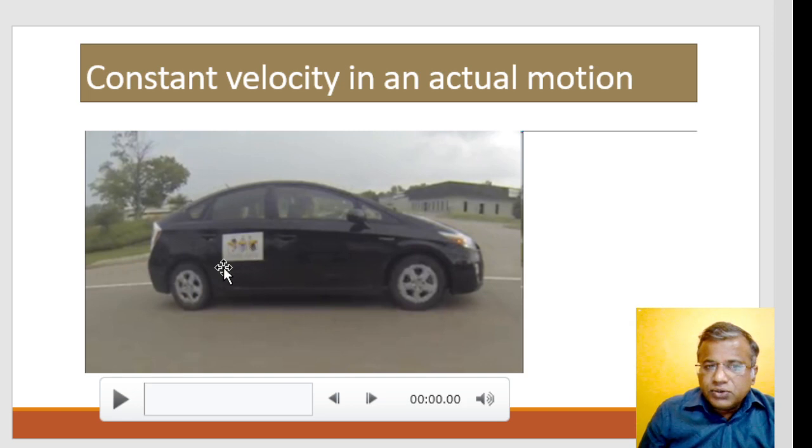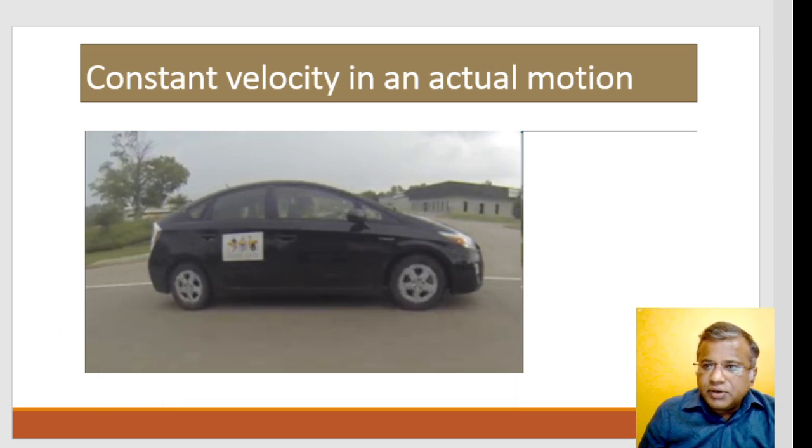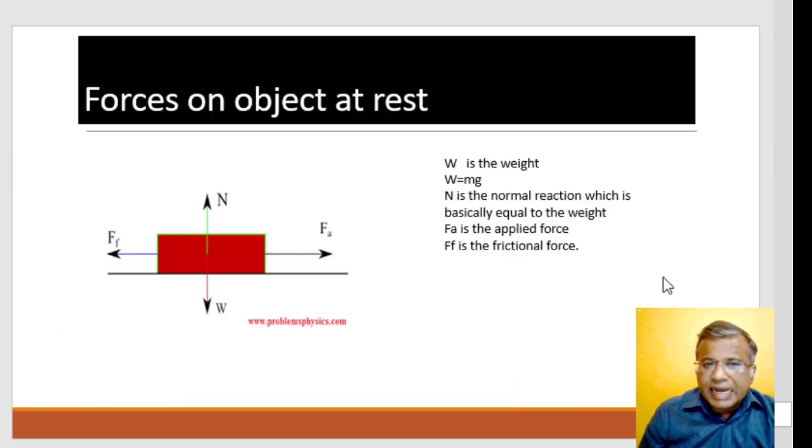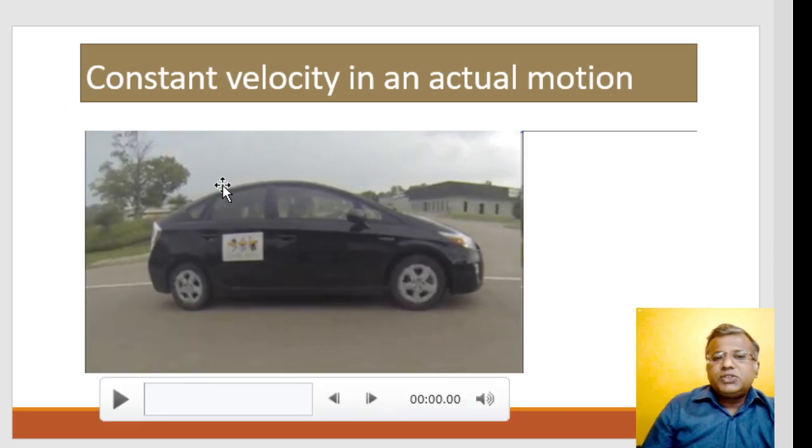All of you, I think, are clear with this formula: weight is mass into acceleration due to gravity. On earth the gravity is 9.8, so weight is m into g. So this car will have some mass, and m into g will be the weight. The weight will be acting in which direction?